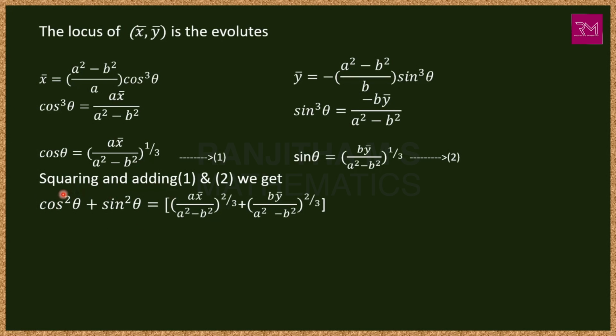By the trigonometric identity, substituting cos²θ + sin²θ as 1, we get 1 equal to (ax̄)^(2/3)/(a² − b²)^(2/3) plus (bȳ)^(2/3)/(a² − b²)^(2/3).